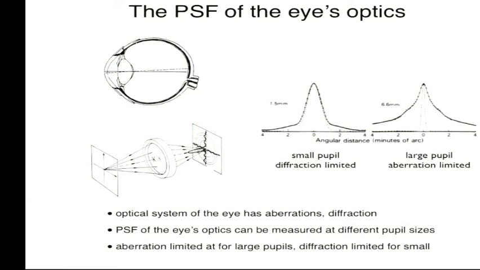At nighttime, with a large pupil, the point spread function of the eye actually increases somewhat, but it does that because otherwise you wouldn't have any vision at night. You wouldn't be able to see if you kept this small pupil.